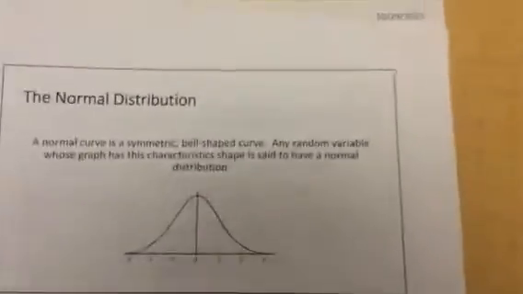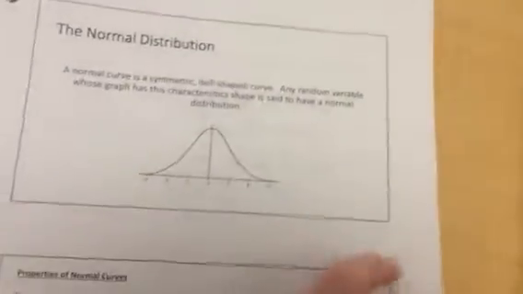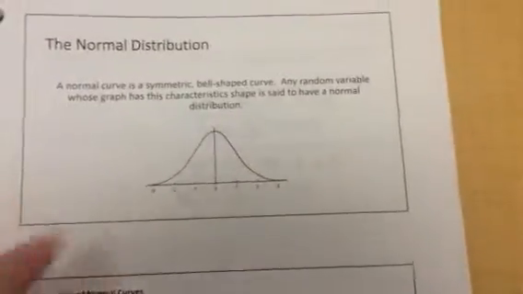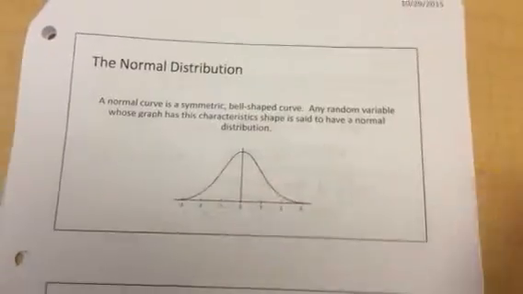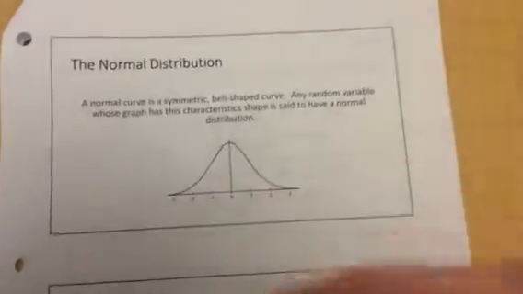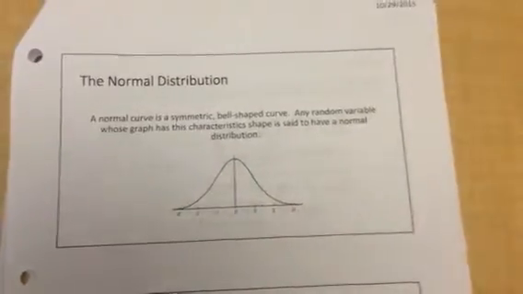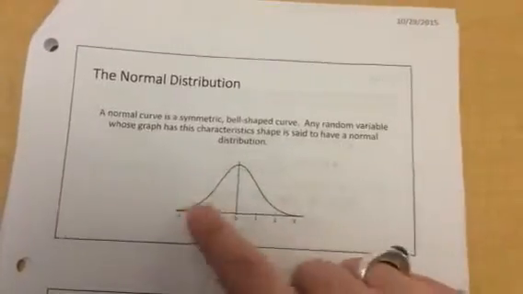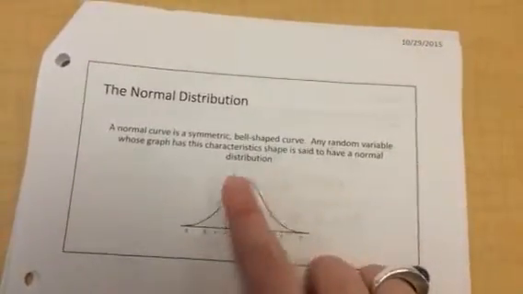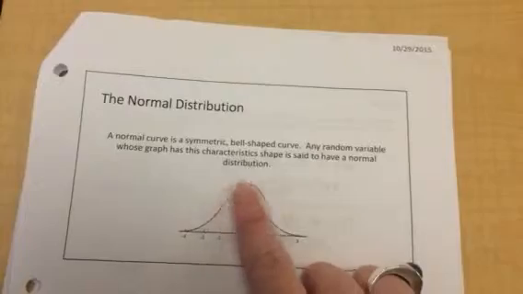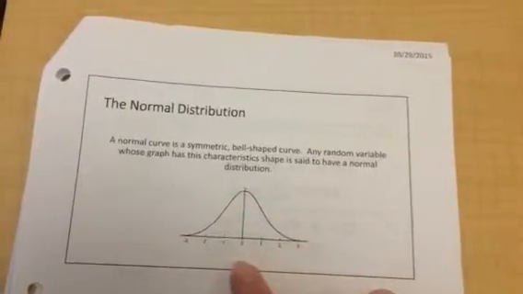Last thing we're going to talk about is this idea of normal distribution. All right, a normal curve, also called a bell curve because it's shaped like a bell, represents data that when you measure the data or look at the spread of the data, it ends up making this bell shape where the majority of your data falls right in the middle, right?